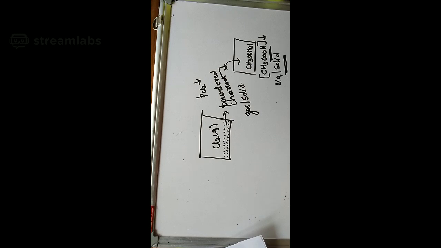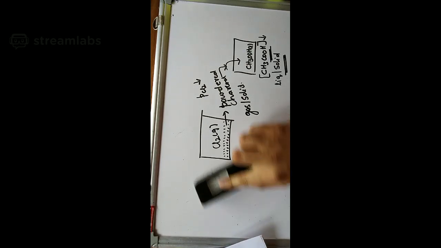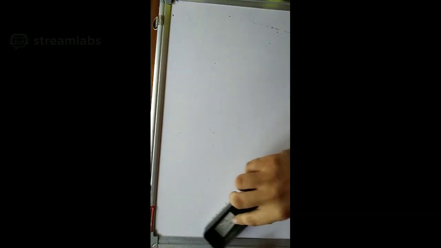Example given in the material: a sponge absorbs water when dipped into it, anhydrous calcium chloride absorbs water. Now let us see what is the reason for this adsorption.